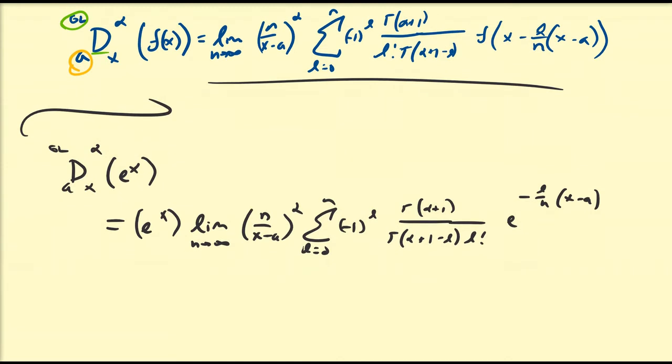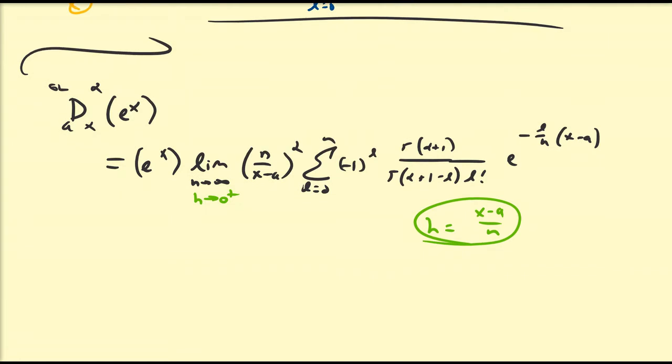And we can look at this from a different point. As n goes to infinity, we know that h is going to go to 0 from the right-hand side, assuming we define h to be equal to (x minus a) divided by n. That's our h, which is obvious from the classical limit definition of the normal derivative.